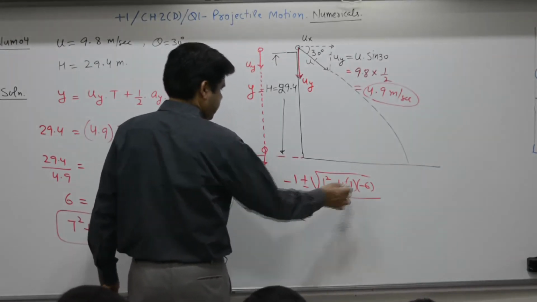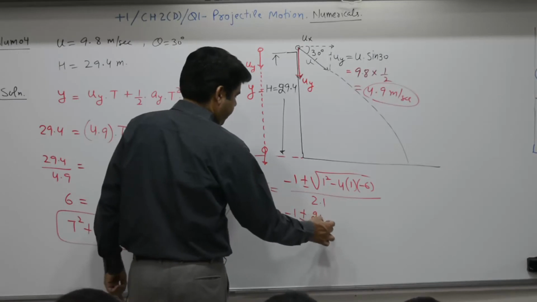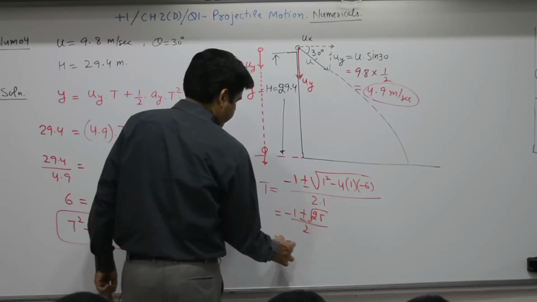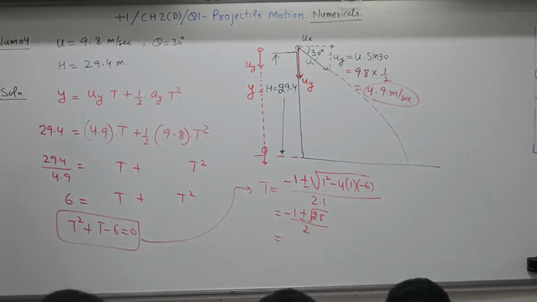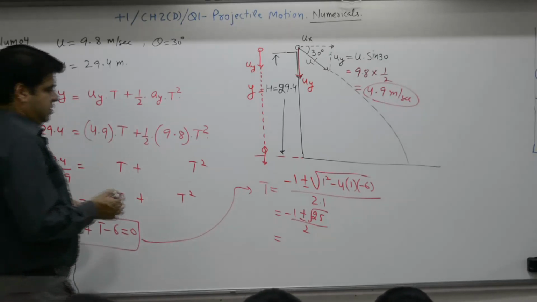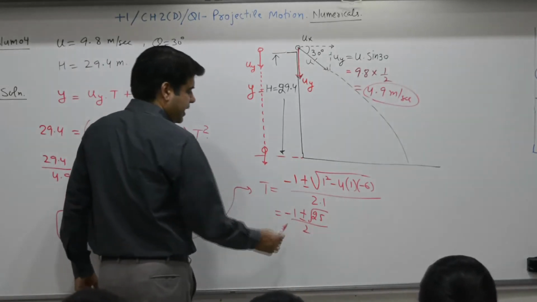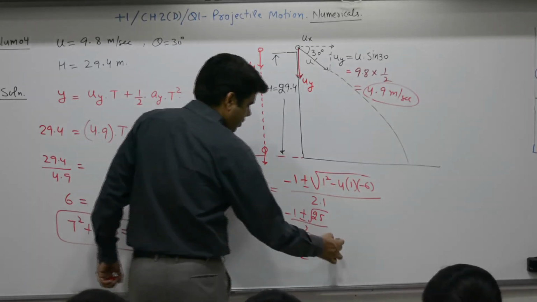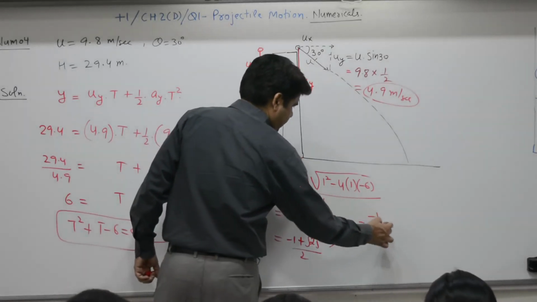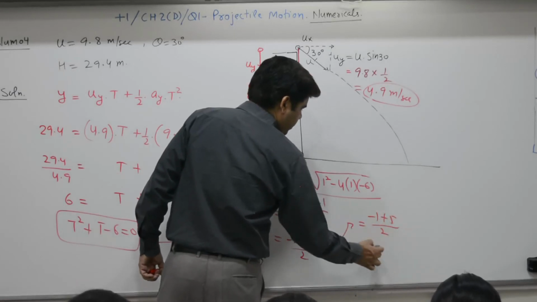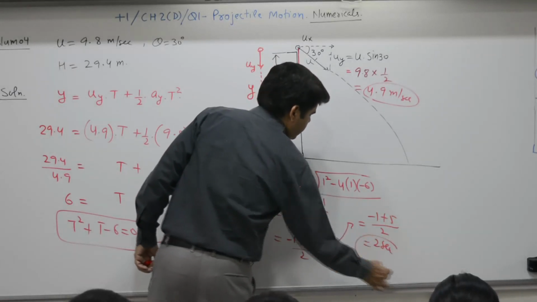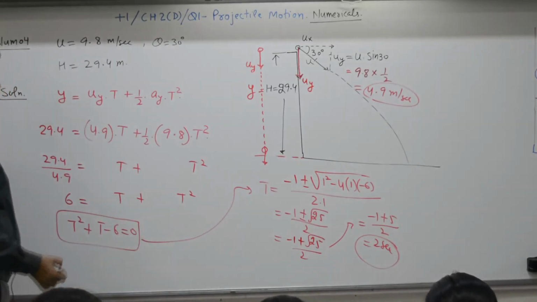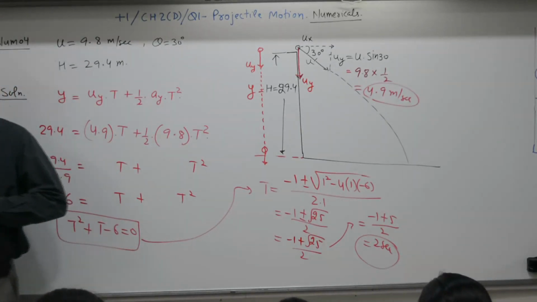Minus 1 plus minus comes out to what? 25? Is it so? Find the time. Yes. Negative is not possible. Time is not negative. That means it is minus 1 plus root 25 by 2. Root 25 is how much? Minus 1 plus 5 by 2 is equal to what? 2 seconds. So when you solve this quadratic, time taken is 2 seconds.